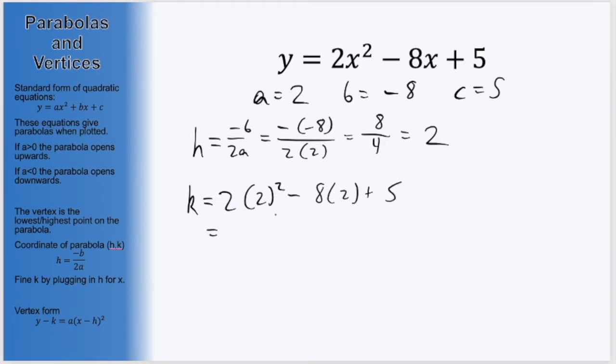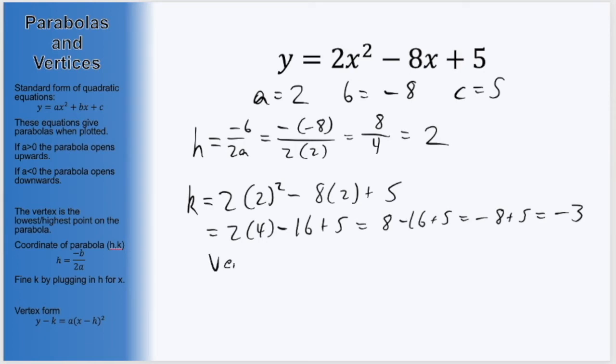If we go through and do the math, we'll have 2 times 2 squared is 4, minus 8 times 2 is 16, plus 5. 2 times 4 is 8, minus 16, plus 5 still. 8 minus 16 is negative 8, plus 5. And from this we'll get negative 3. And so our vertex is located at 2, negative 3.